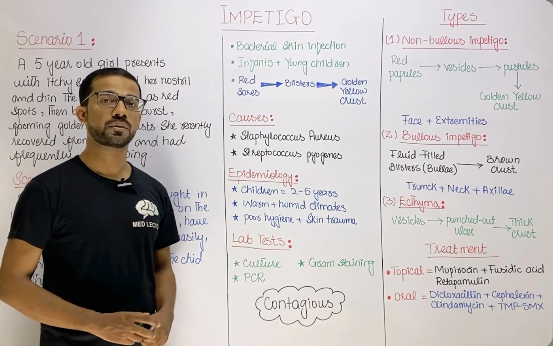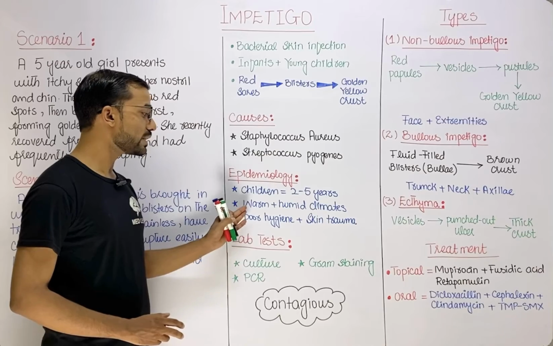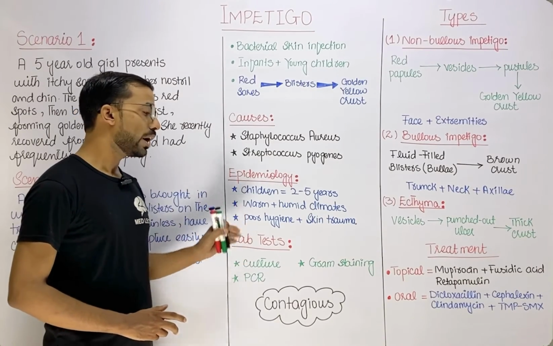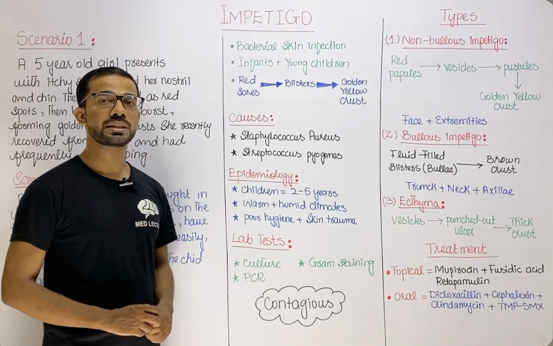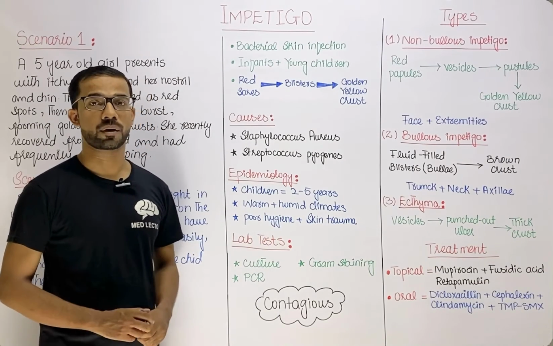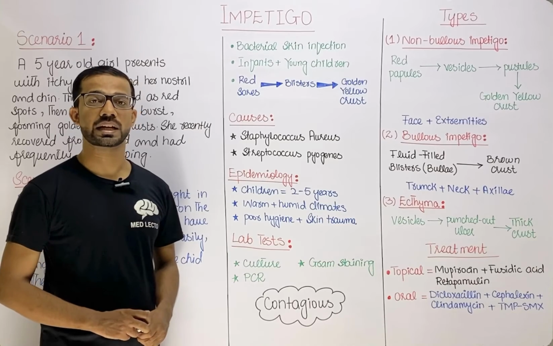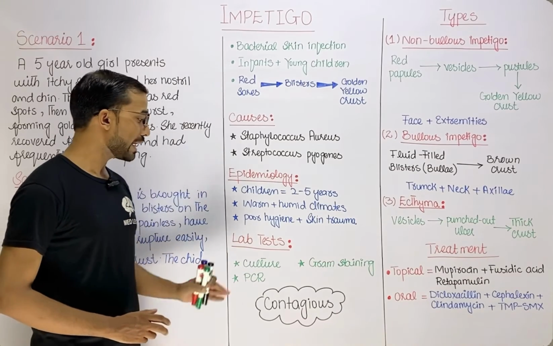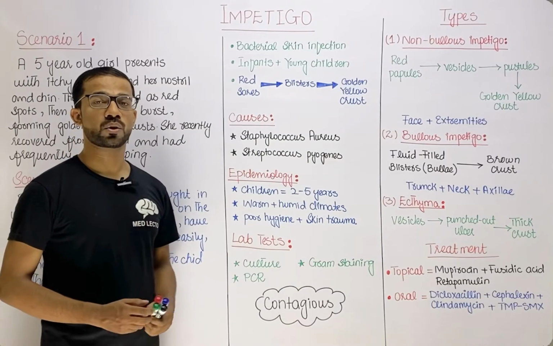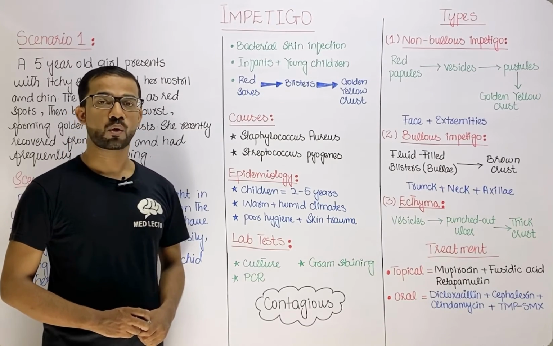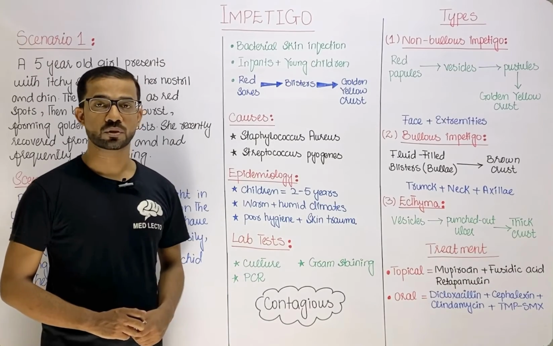It is common in warm and humid climates, and it is caused by poor hygiene, and you can also see it after skin trauma, when the bacteria invade inside the skin, and ultimately it causes impetigo.